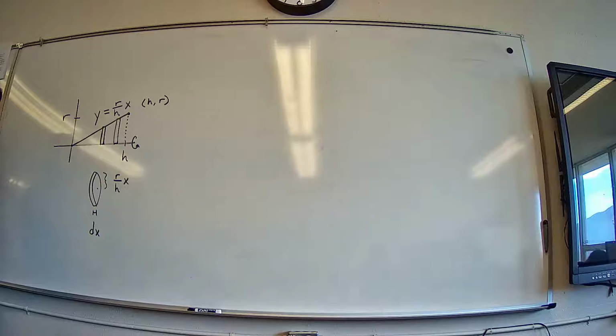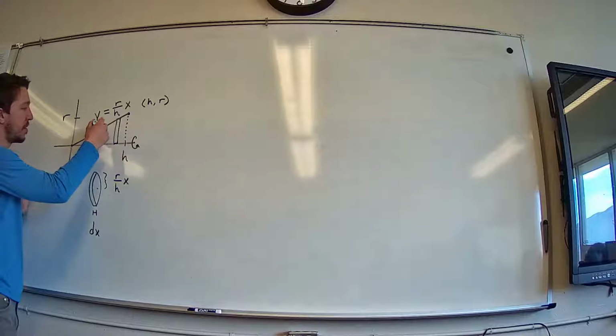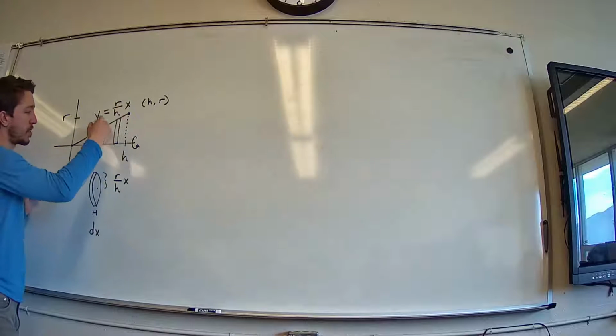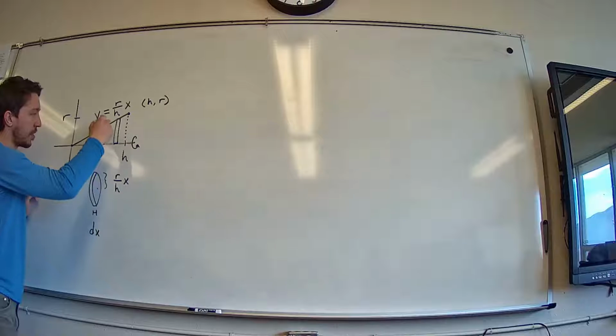Where are you getting the half from? Because you're not doing the whole diameter, you're just doing... Bear in mind that we're revolving it around the x-axis, so this disk looks like this.